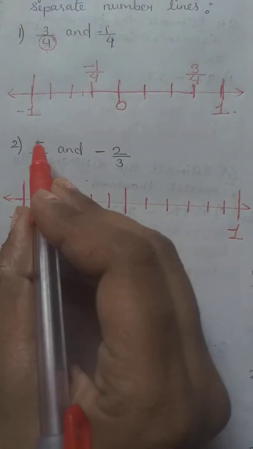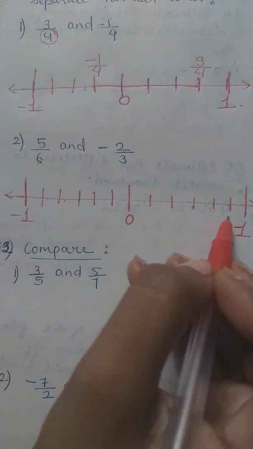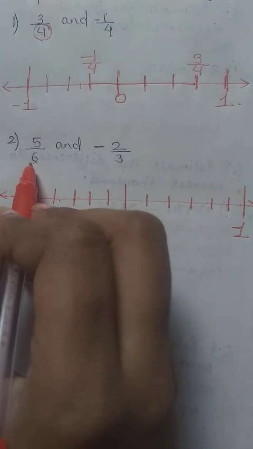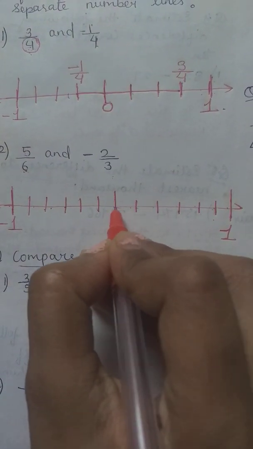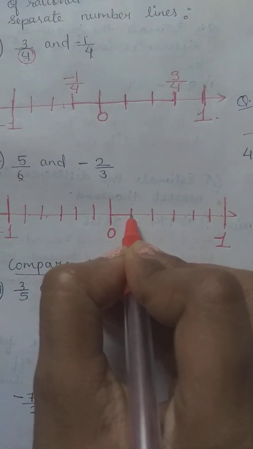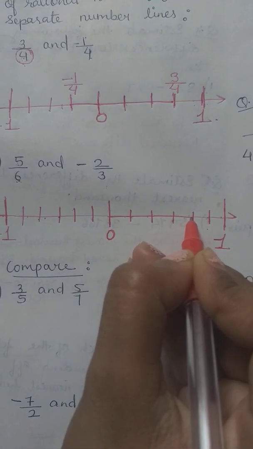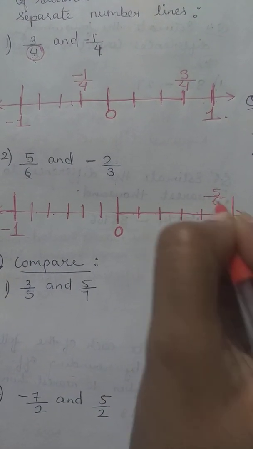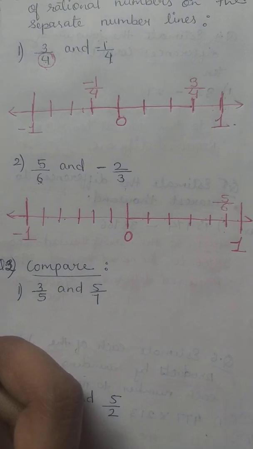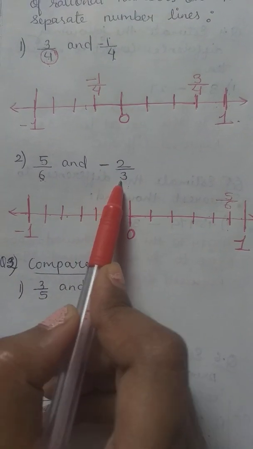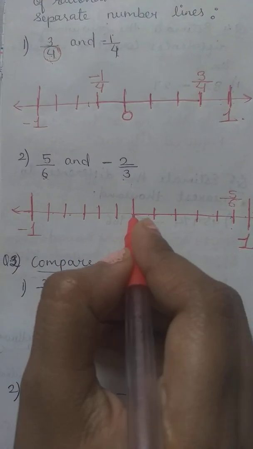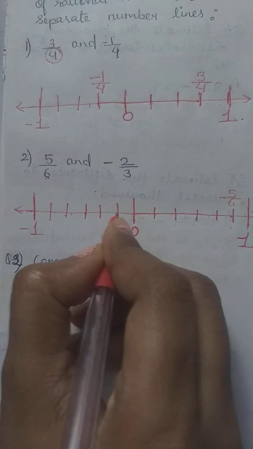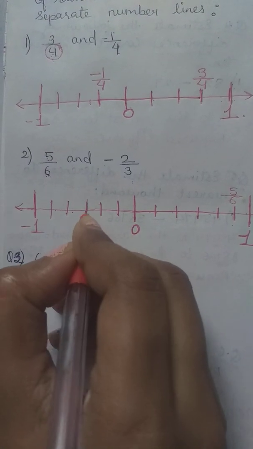Now what is in the numerator? Plus, so the positive side, the right hand side. So 5 by 6: we move 5 steps, 1, 2, 3, 4, 5. Here it is 5 by 6. Now here denominator 3, so we move like this: 1, 2, 3, and here we stop.